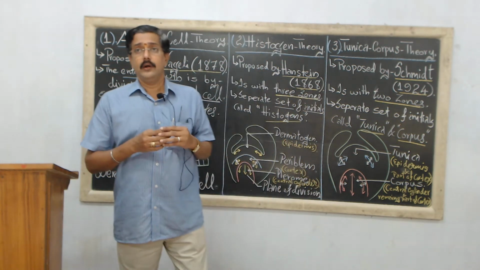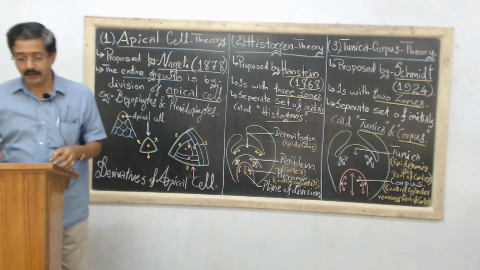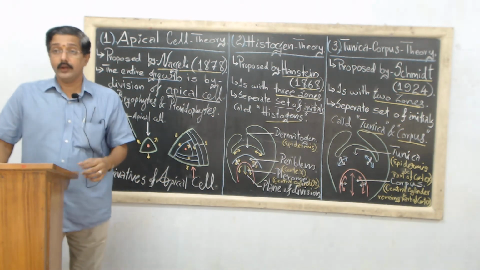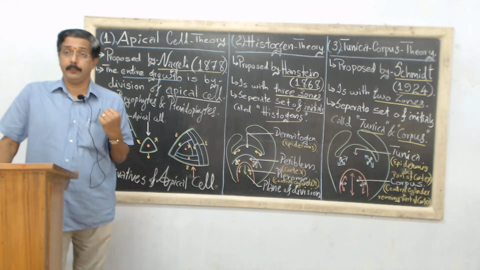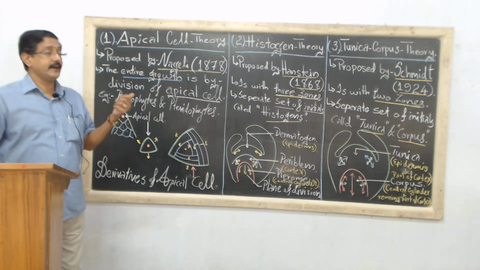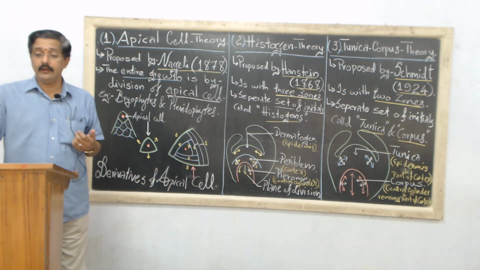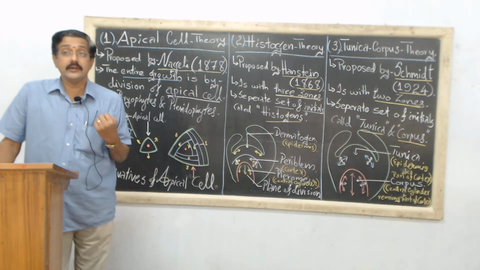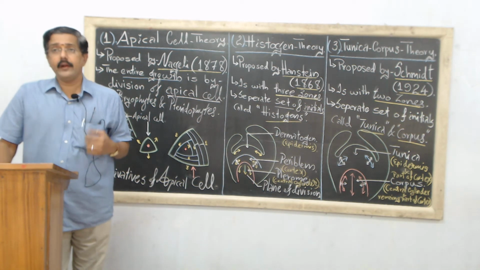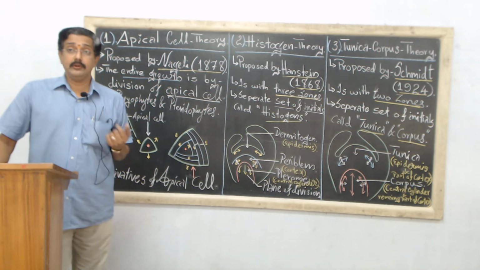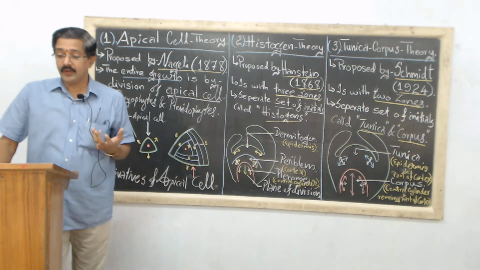This is the second unit, concerned with the organization of shoot apex. These three theories are very important and accepted by botanists and histologists. In addition, there are a number of other theories proposed by different schools of thought.